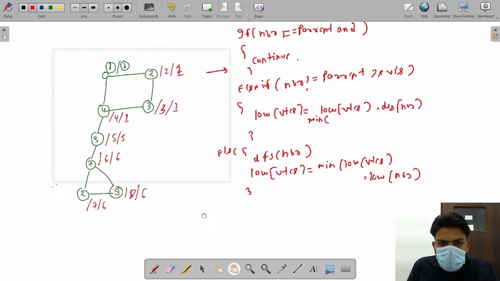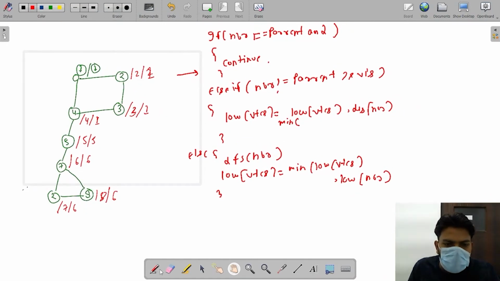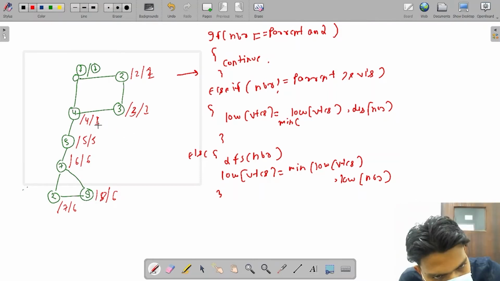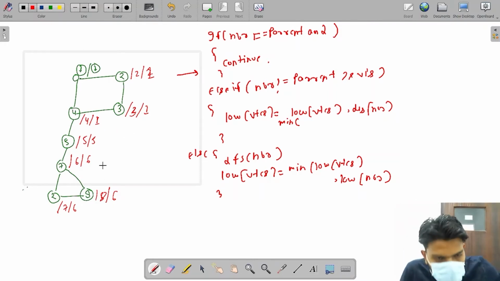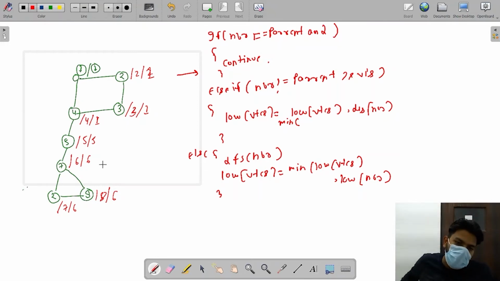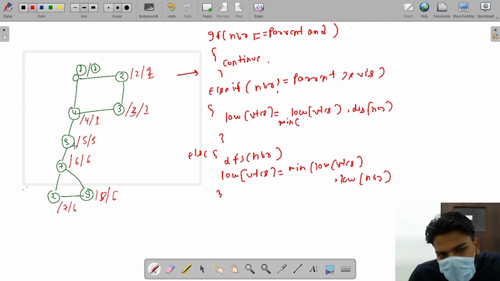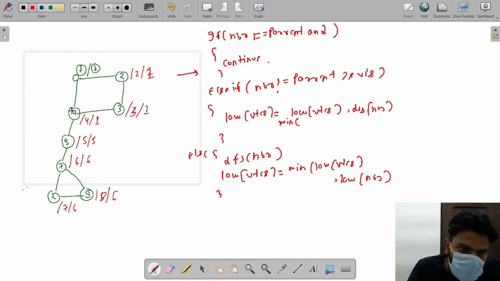Okay, but how can we find the articulation point? So this is our updated array. We talked about how we find this low value previously, so we found this low value array. Now I'm going to explain how we can find the articulation point at this stage. If we want to find the articulation point, we have to care about this stage.